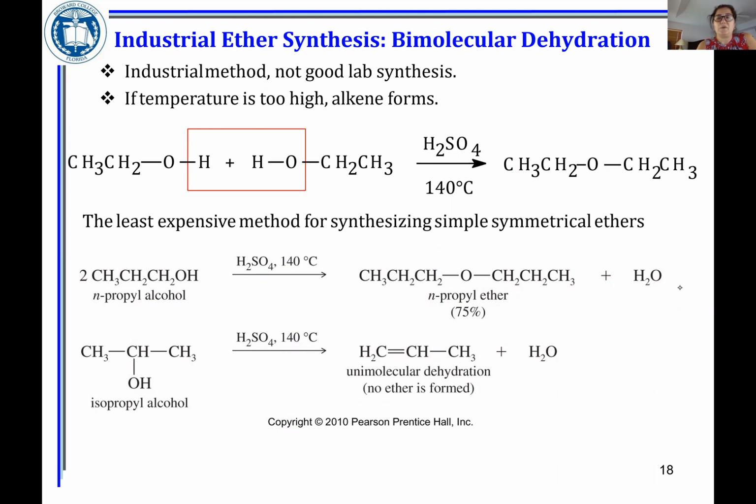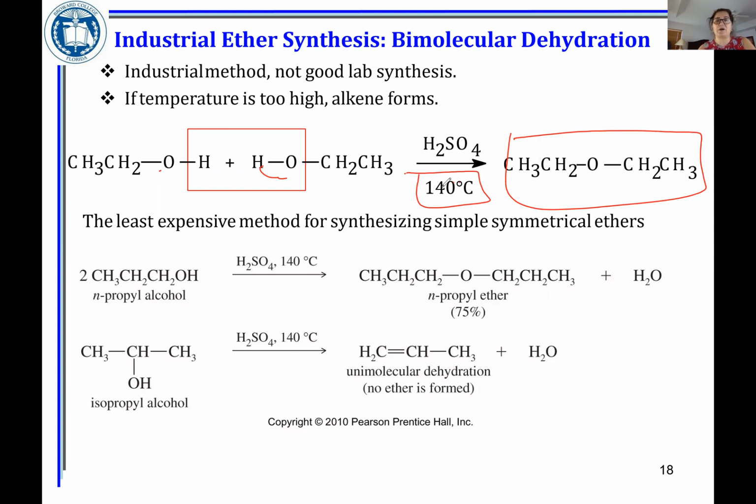The second method, we talked about in the reactions of the alcohol, is bimolecular dehydration. If you control the temperature at 140, you would get bimolecular dehydration. That means that two molecules of alcohol would lose one water, hydrogen from one alcohol, OH from another molecule of alcohol, and the ether would be the final product. The key, or the cutoff, is the temperature.